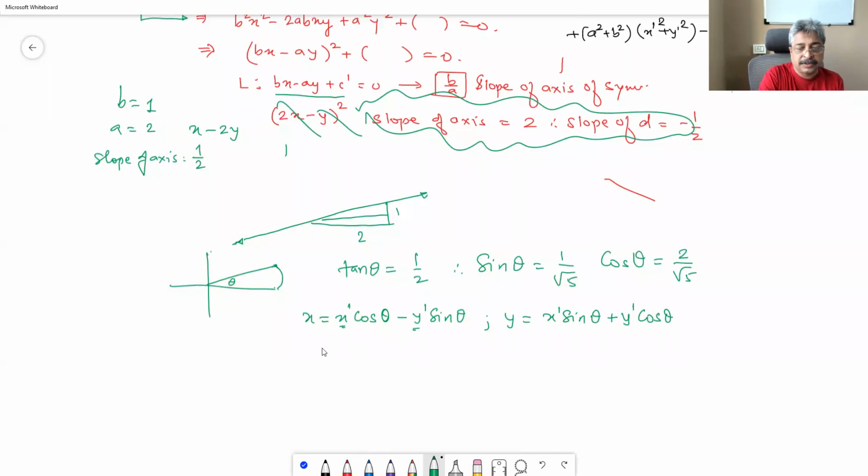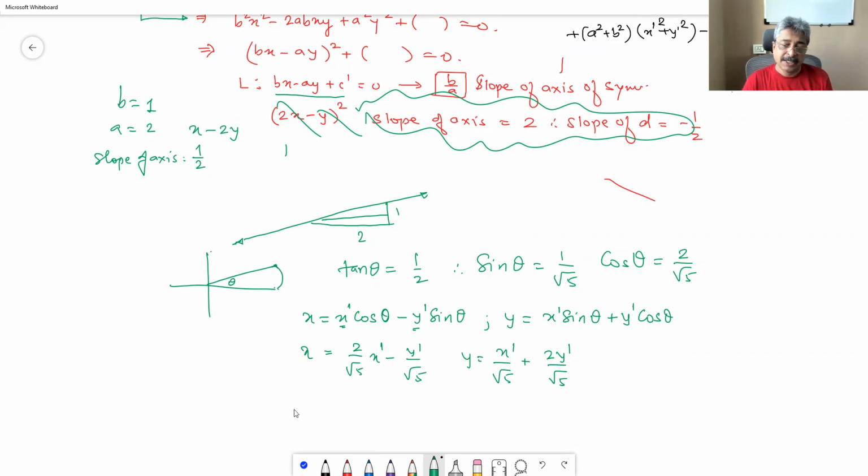Our x is 2 upon root 5 x dash minus y dash upon root 5. Correct? And what is our y? y is equal to x dash upon root 5 plus 2y dash upon root 5.